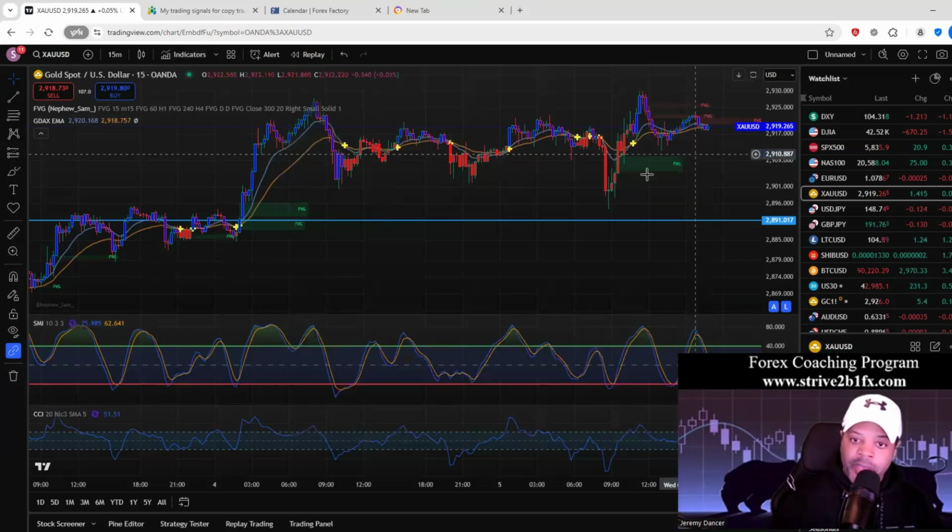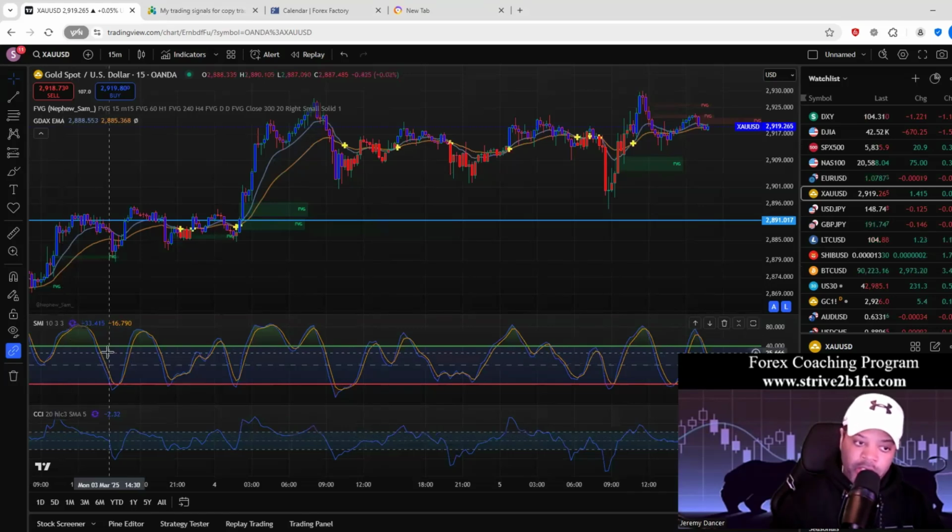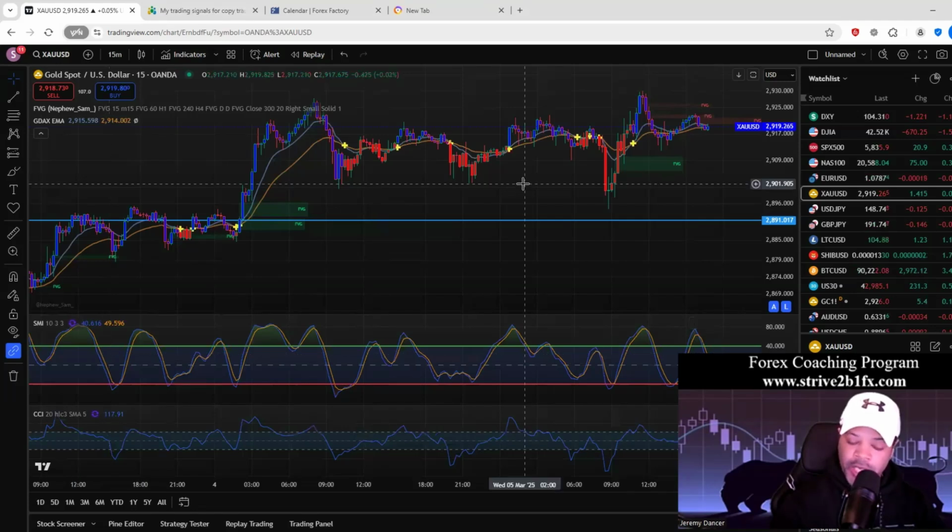I still have my fair value gap indicator as well as my CCI and stochastic momentum indicator just to look at momentum. But with the GDAX indicator, you really only need the indicator.